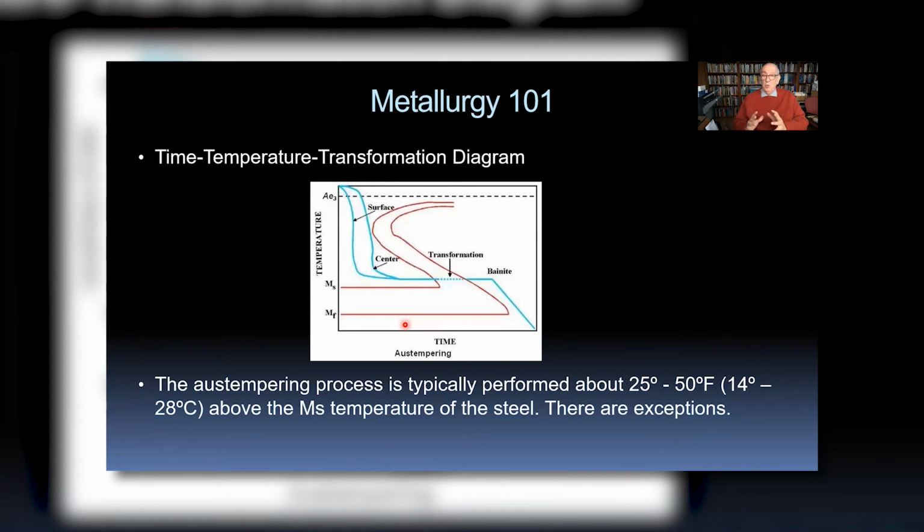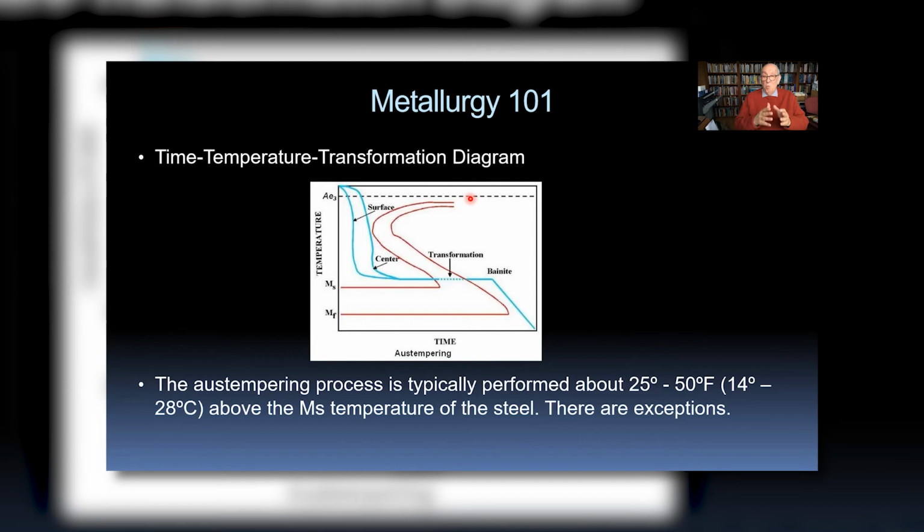What we do when we heat it up is, when it gets above the transformation temperature, that dotted line, for simplicity in this example, the atoms will realign themselves from body-centered cubic to face-centered cubic. And a face-centered cubic structure is called austenite.